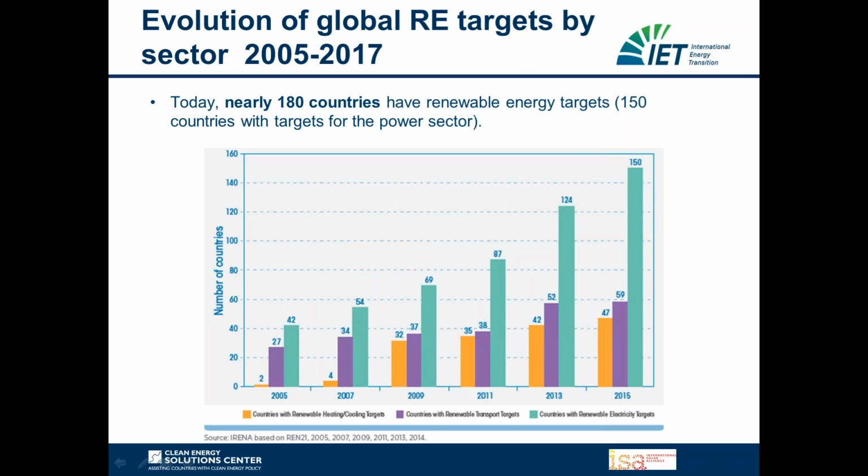And what you can also see, of course, is that targets for the other sectors, heating and cooling and transport, are not yet as widely spread around the world as the power sector targets, also reflecting that we are front runners in the power sector development, and the other sectors are still lagging a little bit behind, but this will probably also change in the next decade.